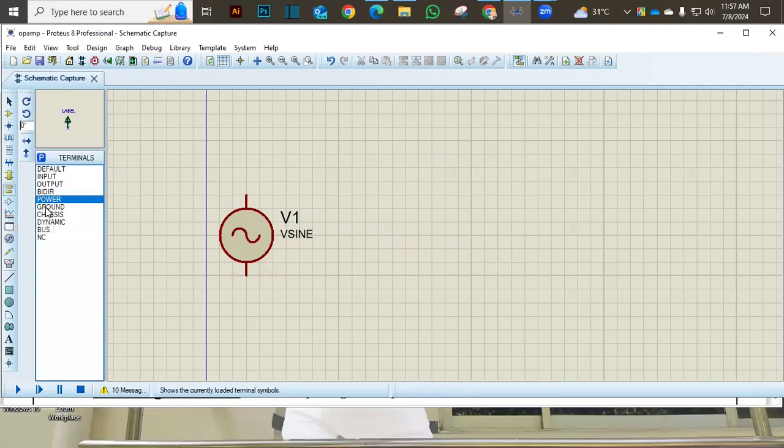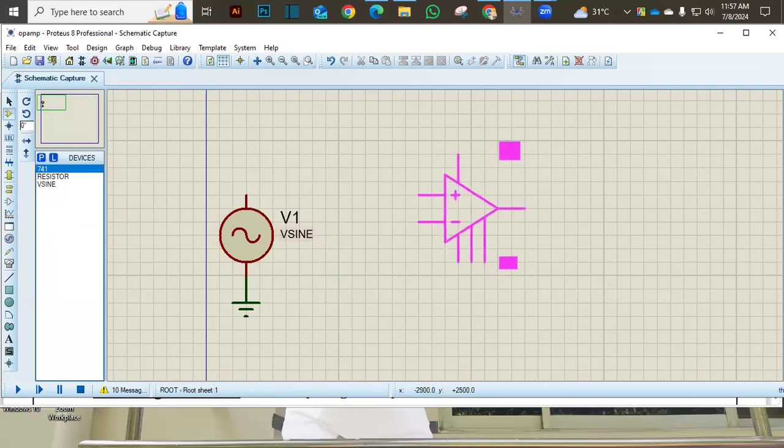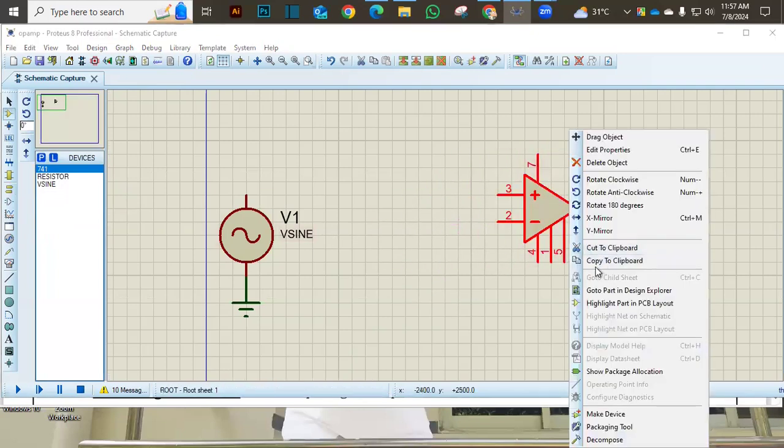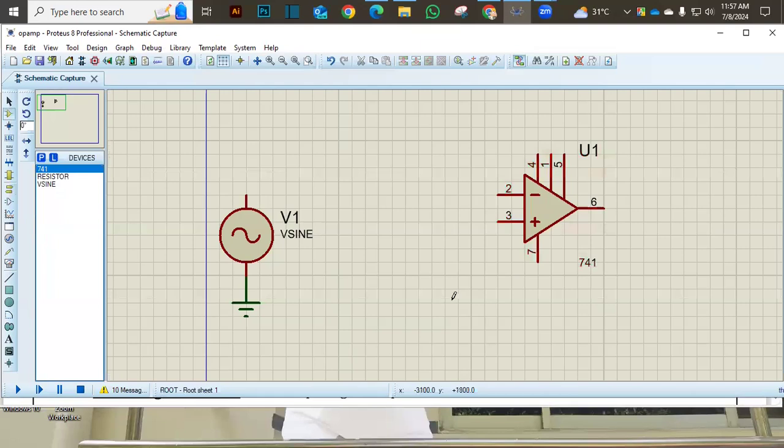Now we are connecting ground here, and after that we need an operational amplifier, op amp, and now we are going to Y mirror this so that our experiment can be handled easily.